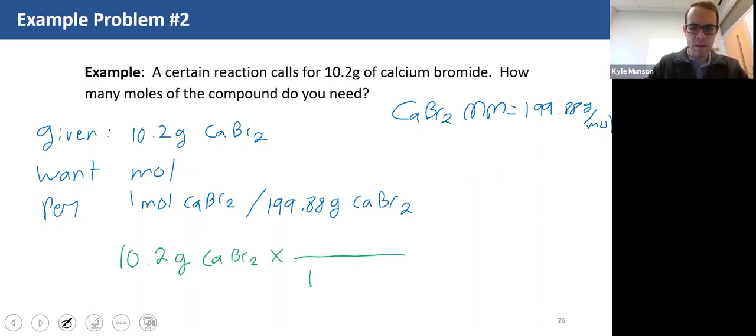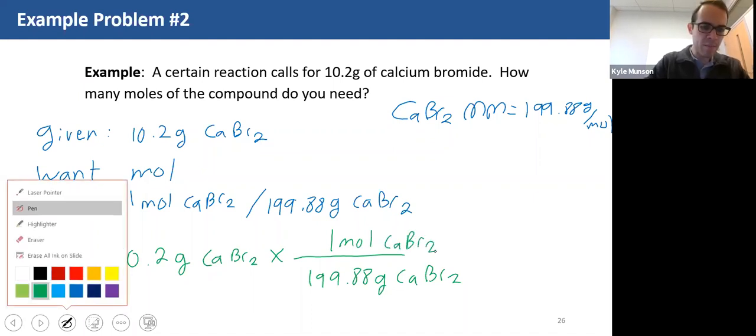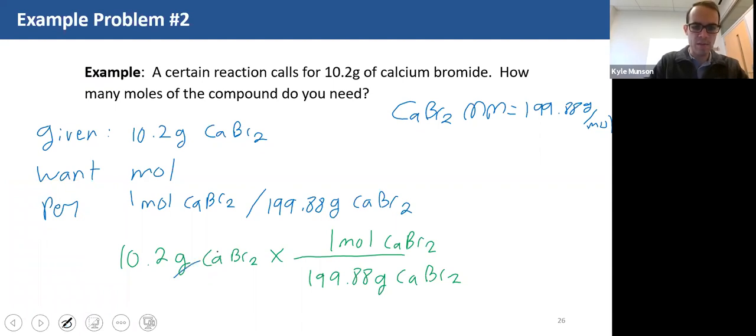times for every 199.88 grams of calcium bromide, there's 1 mole calcium bromide. And notice I flipped this expression so that the units of grams of calcium bromide cancel out.